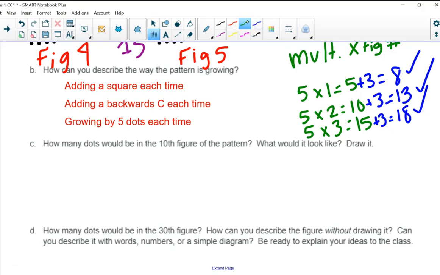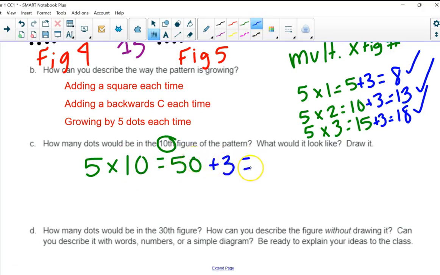We'll take our multiplier, 5, times our figure number, which in this case is 10. 5 times 10 is 50. But remember, we have to add 3. So how many dots are in the 10th figure? 53 dots. And you don't have to draw it out. That's a lot of drawing.